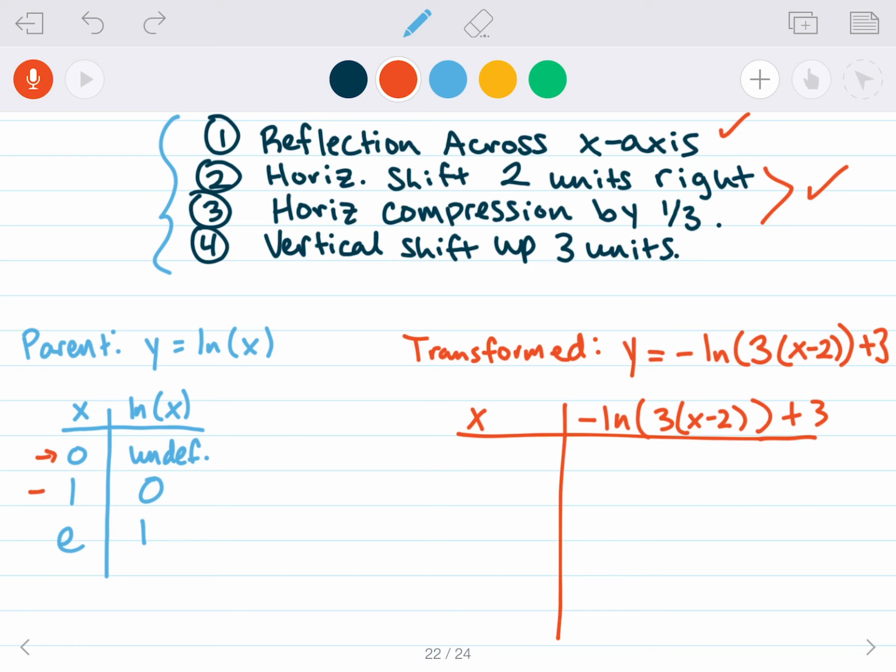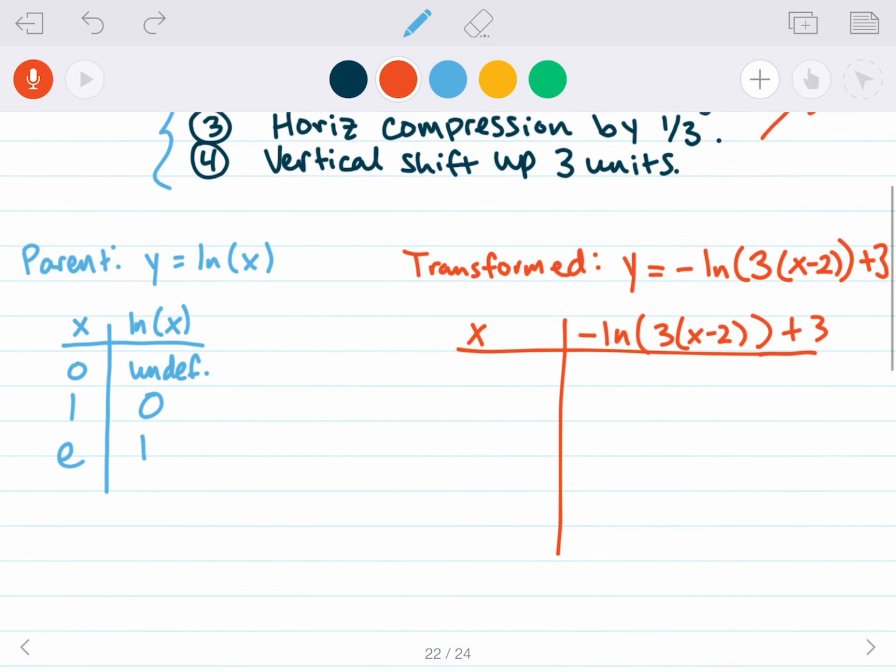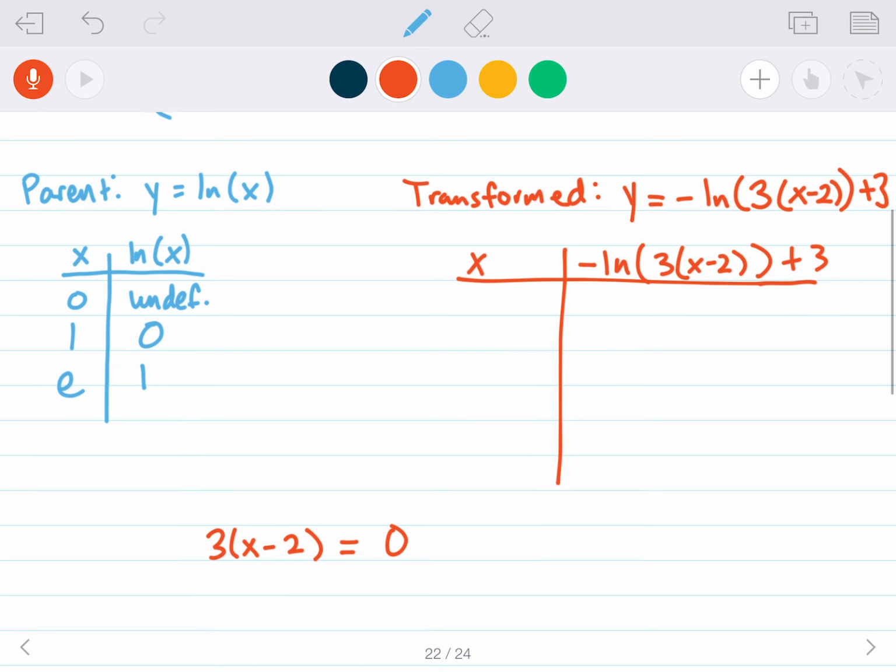That was step 2 in transforming our function. So first of all, I have 3 times x minus 2. Let's set that equal to 0 first. Well, dividing both sides by 3, I just get 0 over 3 is 0, x minus 2 equals 0, so x equals 2 is going to be my new x value here.